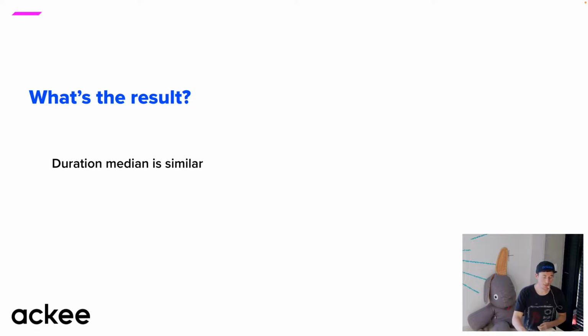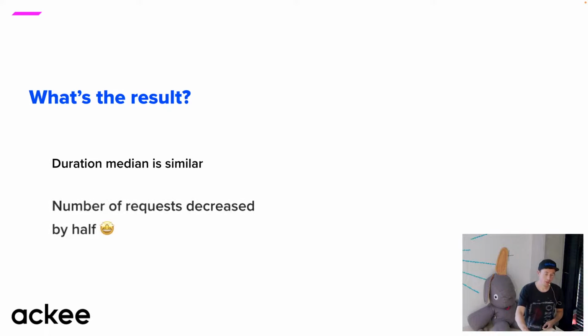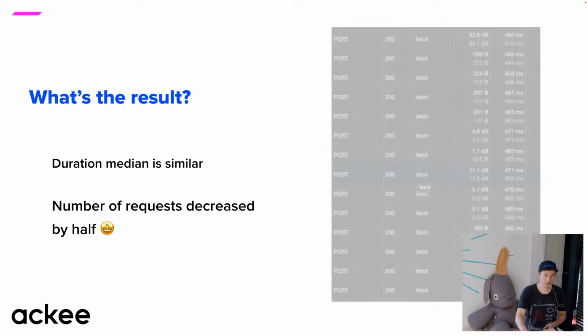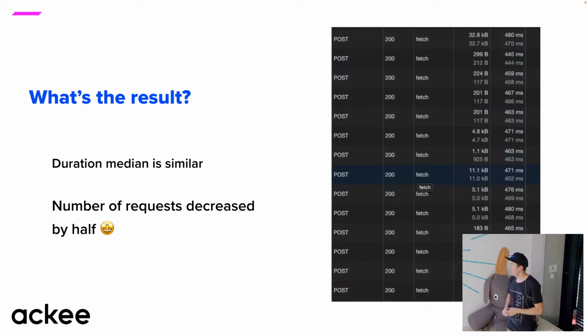So the median duration is similar, which means we didn't make requests faster, we didn't speed up the application, but we managed to decrease the number of requests by half. You can see there are no OPTIONS requests anymore. This means a big reduction in the time of loading data, and that was the result we got.